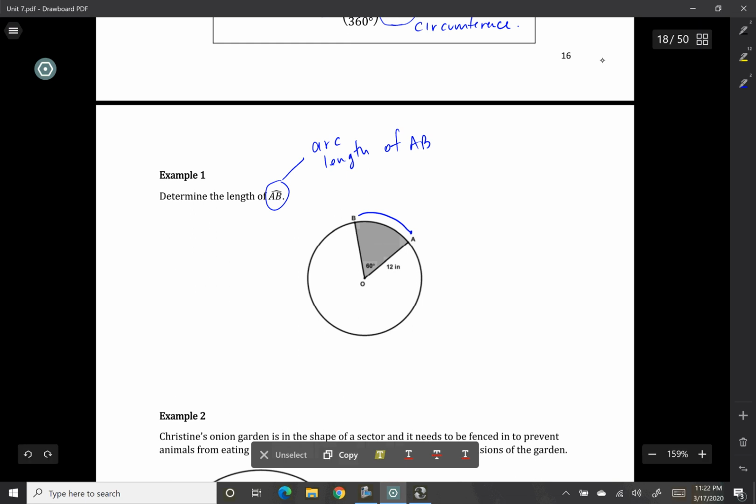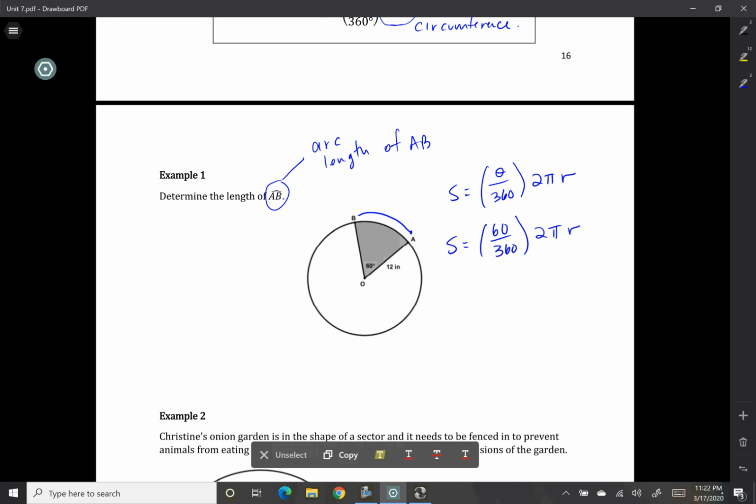The formula for arc length, like it is on the previous page, is central angle over 360 times 2 pi r. So this arc length is going to be 60 divided by 360 times 2 pi r.